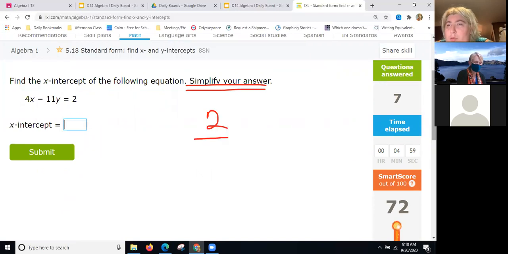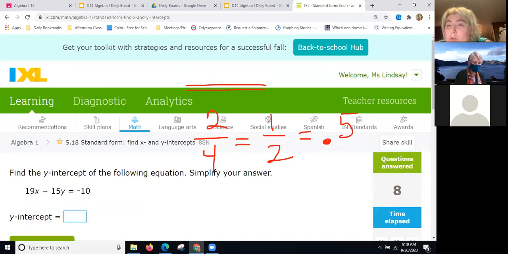So 2/4 is going to get marked wrong because as a fraction, that can reduce to 1/2. Now, I think it would also accept if I put 0.5. I'm going to try it. So if I put 0.5 as a decimal, it did accept that.